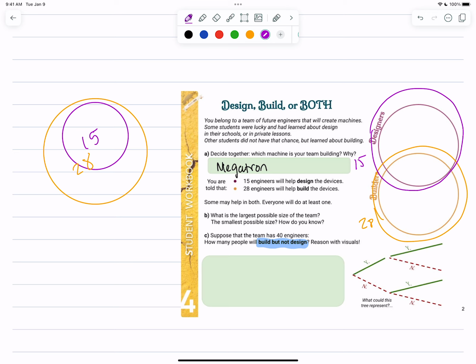Well, you get 43, that's too many. And then what if you bring them together so the overlap is 1? Well, you count, and now there's 42, so there's still too many. You keep doing this, and eventually the way it's going to work is that there's 3 here, 12, and 25, and then it adds up to 40. And now this answers the question. So you can, again, use these moving circles and use visuals.